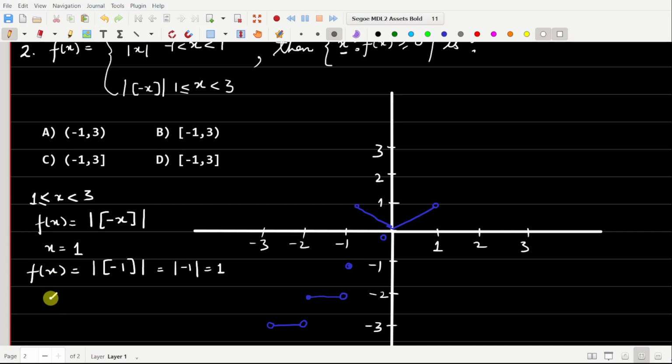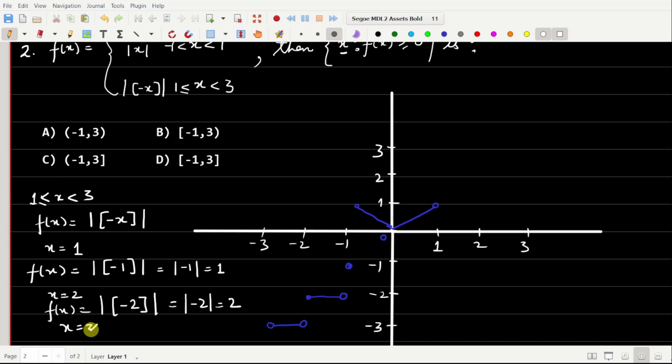Now for x equal to 2, f(x) will be modulus of minus of bracketed 2, like this, and it will be modulus of -2, it will be 2.